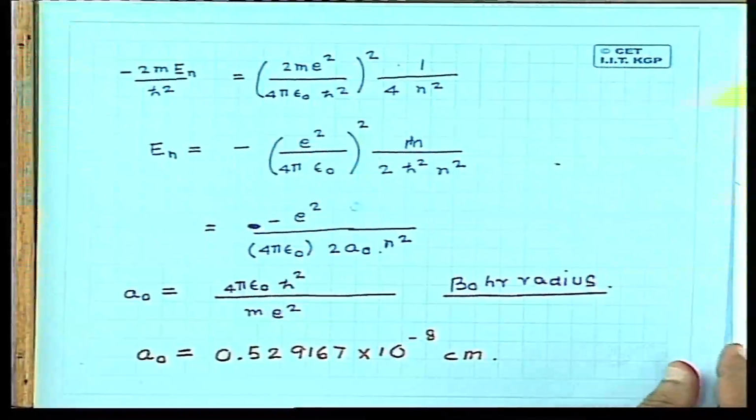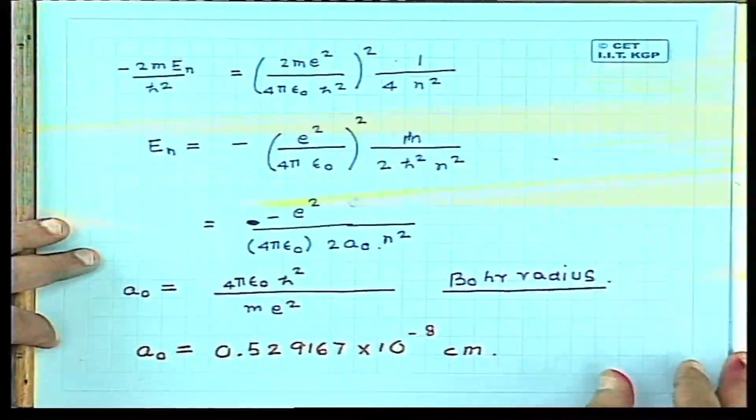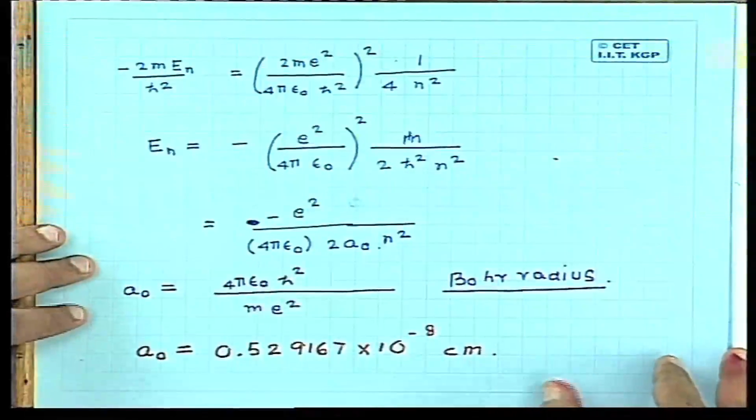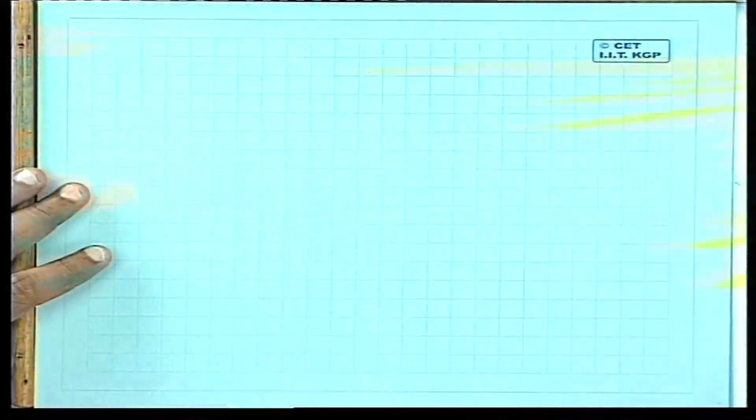So what are the different quantum numbers that we have to describe the energy levels of the hydrogen atom?